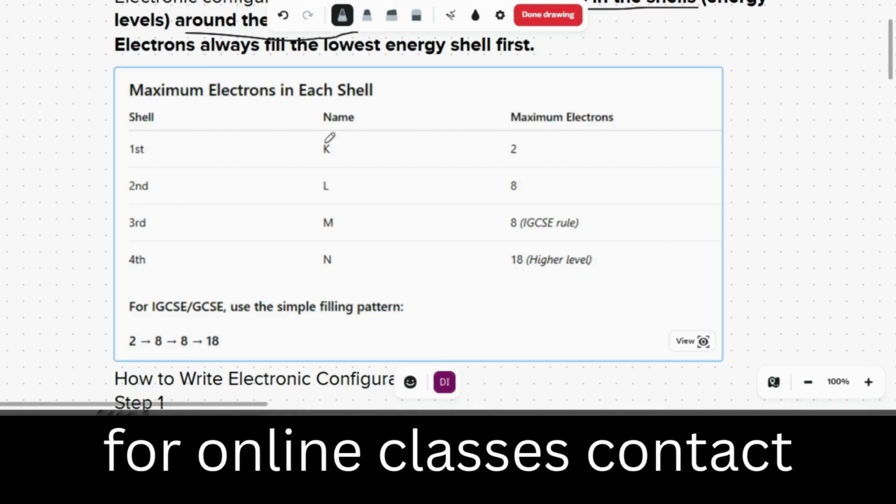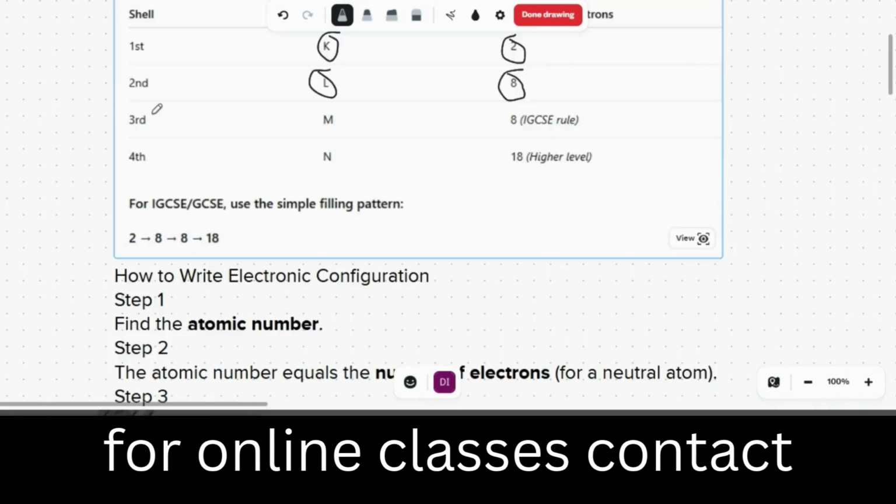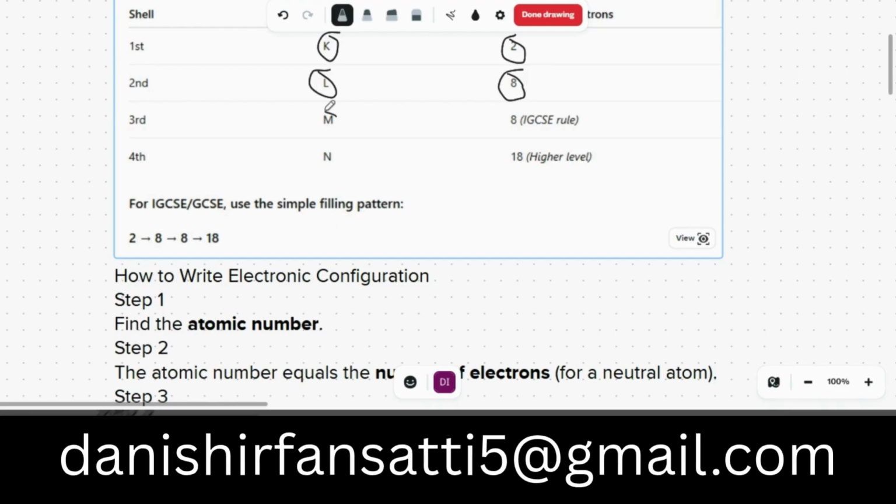The first shell is called the K shell and it can have a maximum of 2 electrons, whereas the second shell is called L and it can accommodate 8 electrons. The third shell is called the M shell. For IGCSE rules, it can only contain 8 electrons.